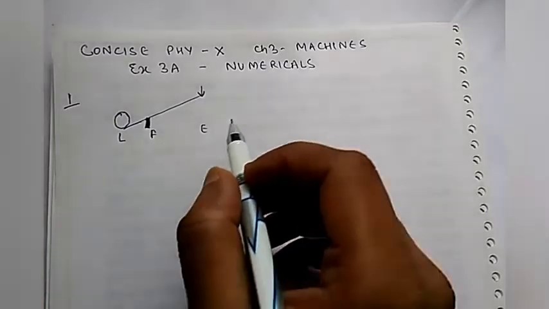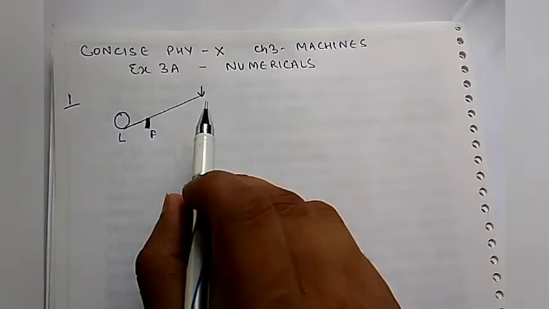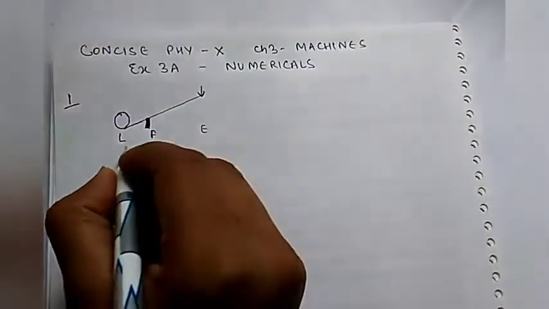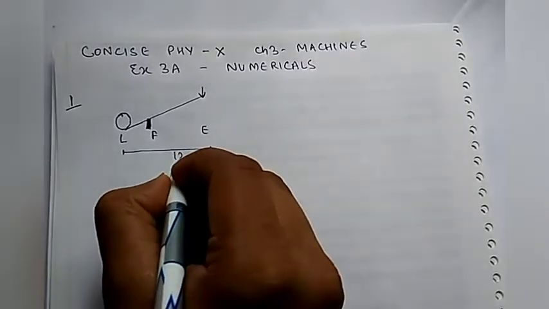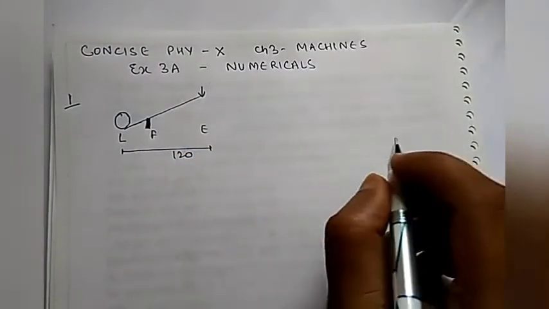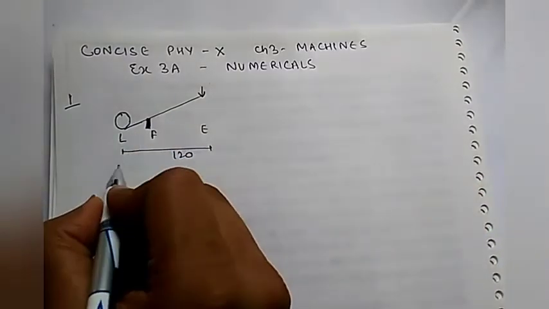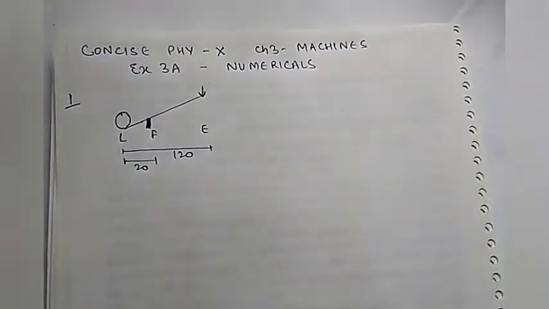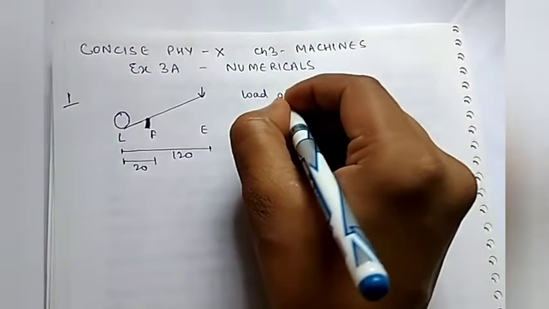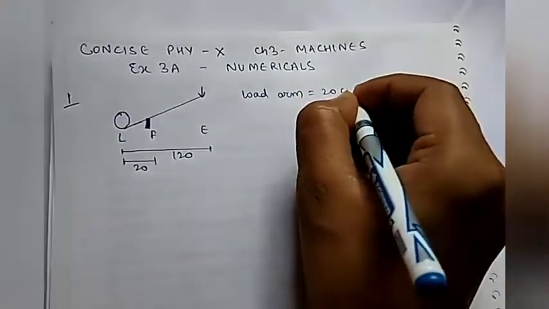Okay, so let us go through the question. A crowbar of length 120 centimeter means the total length of the crowbar, from load to effort, is 120 centimeter. It has its fulcrum situated at a distance of 20 centimeter from the load. From here to here it is 20 centimeter. So load arm is equal to 20 centimeter.